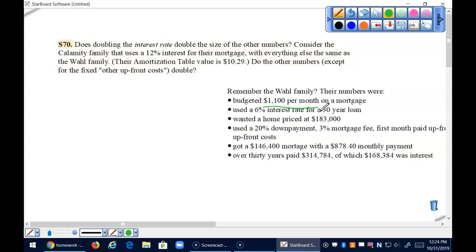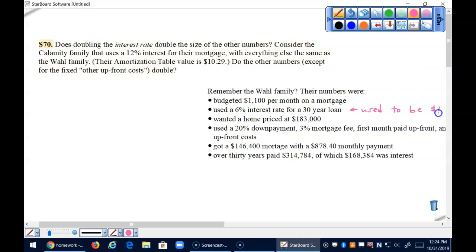But now, every time they hand over $10.29, they get $1,000 of mortgage, rather than handing over only $6, because the number for 6% and 30 years used to be 6. So this number used to be $6 instead of the $10.29.